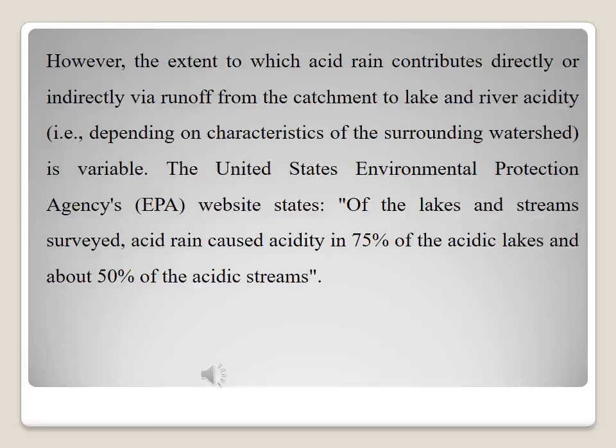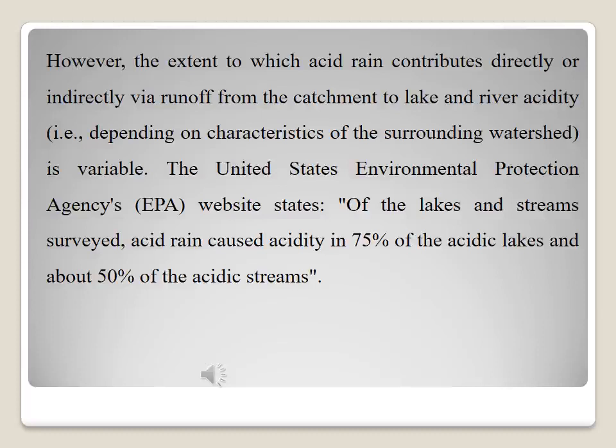However, the extent to which acid rain contributes directly or indirectly via runoff from the catchment to lake and river acidity, depending on characteristics of the surrounding watershed, is variable.